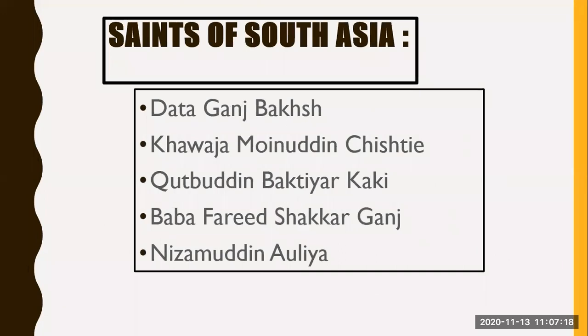Now here are some names of Sufis in front of you, okay? These are all Sufi saints from South Asia, and they include Data Ganj Baksh, Khwaja Moinuddin Chishti, Kutubuddin Bakhtiyar Kaki, Baba Farid Shakar Ganj, and Nizamuddin Aulia, right? They all were Sufi saints.